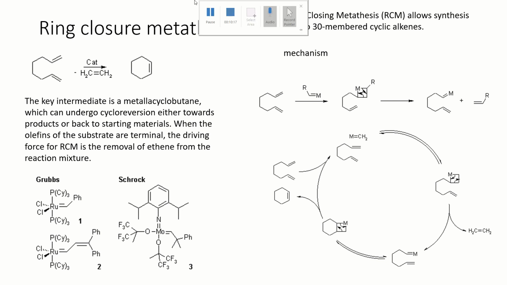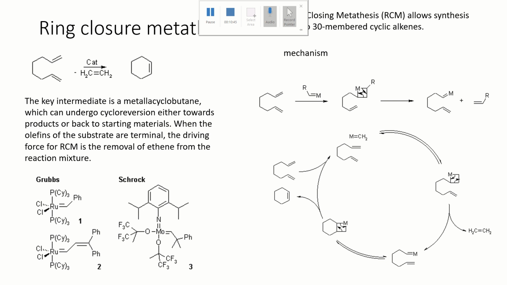The main catalyst that we choose for this ring closure metathesis is the Grubbs catalyst, which contains a metal like tungsten, molybdenum, platinum or ruthenium. Usually this type of ring closure metathesis is conducted in dilute solutions.